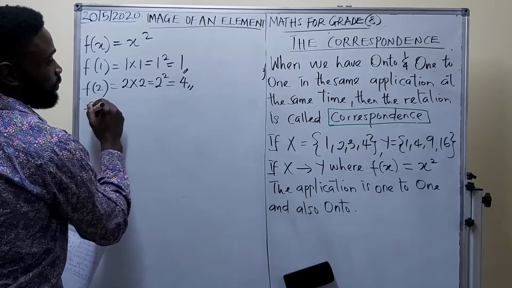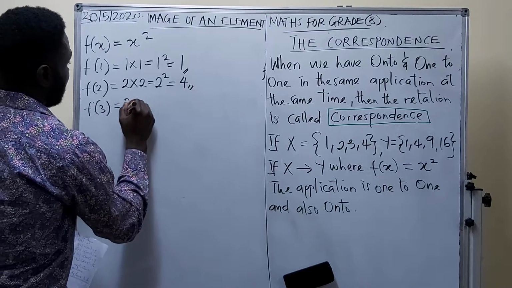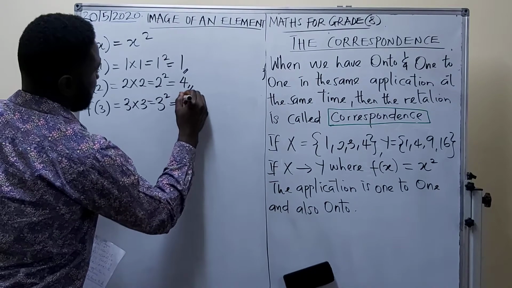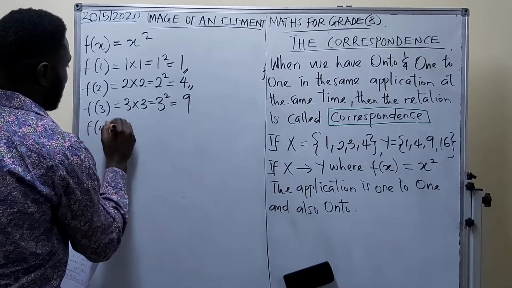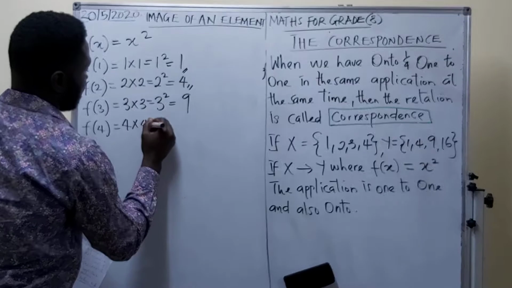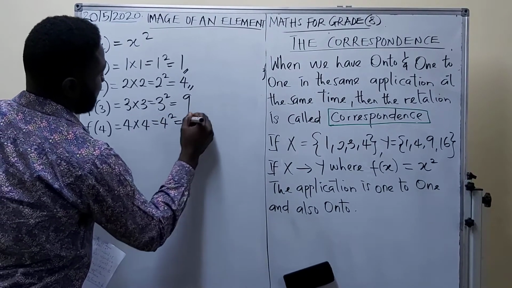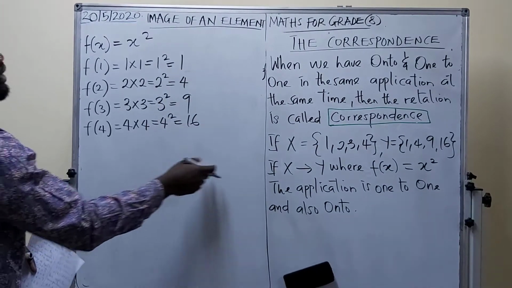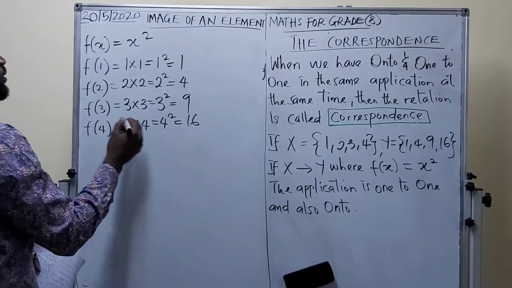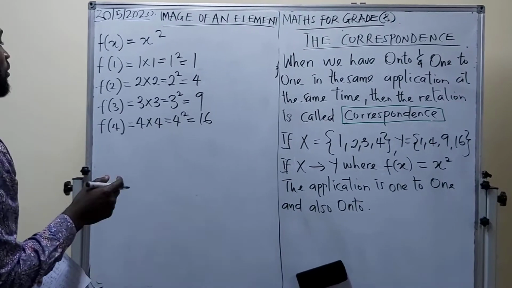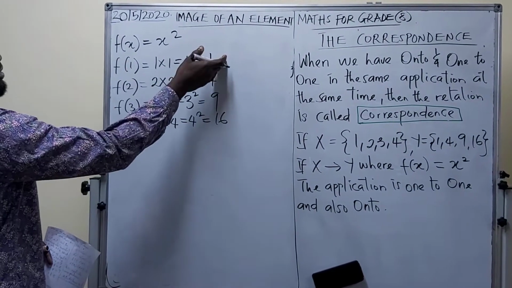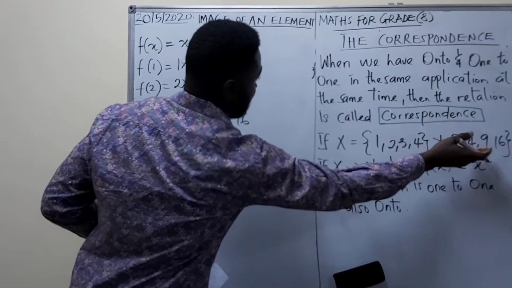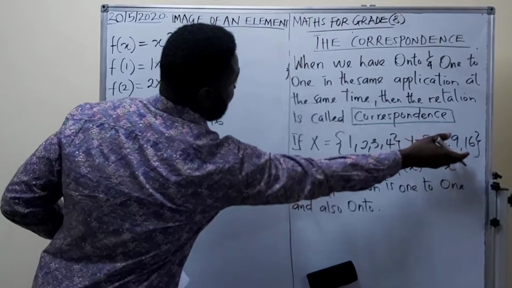Then f of 3, that will be 3 multiplied by 3, that will be 9. Then f of 4 will be 4 in 2 places, that will give you 16. Now, if you check very well, you can see it corresponds with what we have for y. So it means for every value of x, there is another corresponding value for y. And if you check very well, it is equal to what has been given to us already.